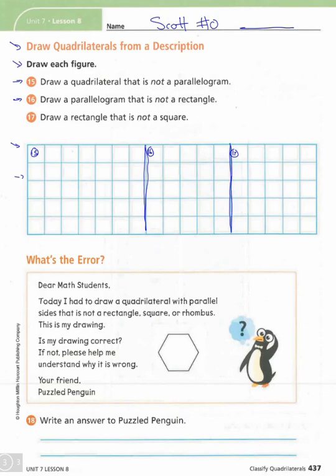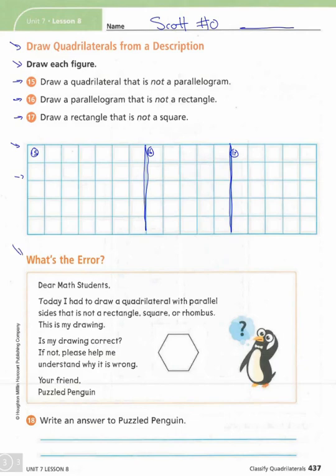Okay, so number 16, draw a parallelogram that is not a rectangle. All right, pause the video, go ahead and do that. Then number 17, it says to draw a rectangle that is not a square. Pause the video and draw that.